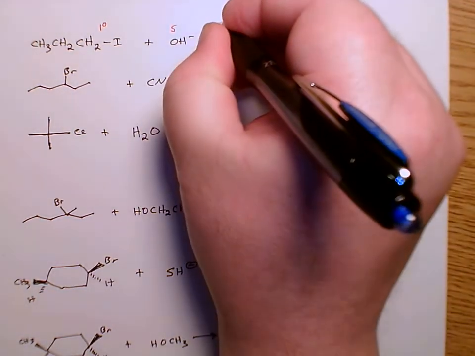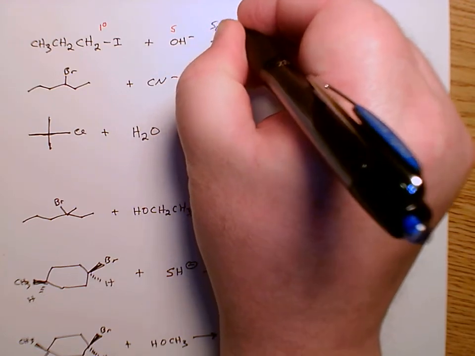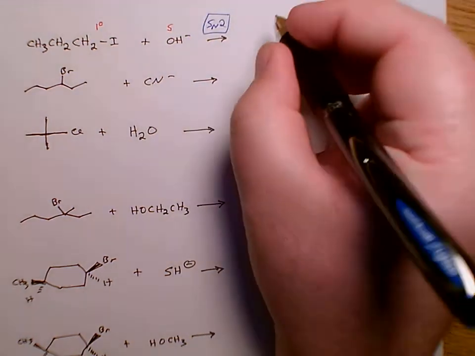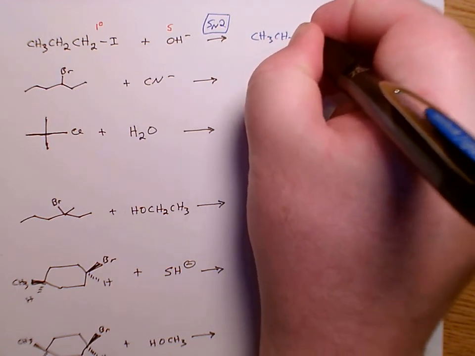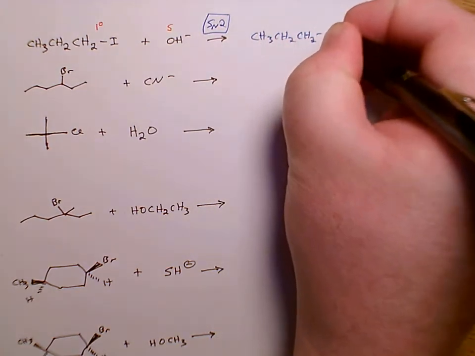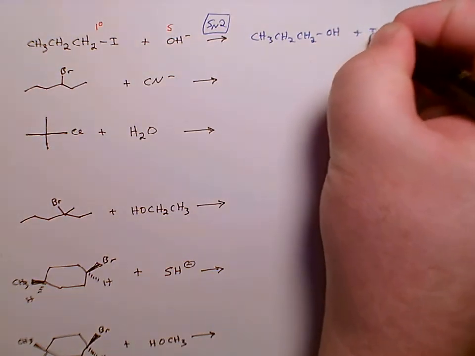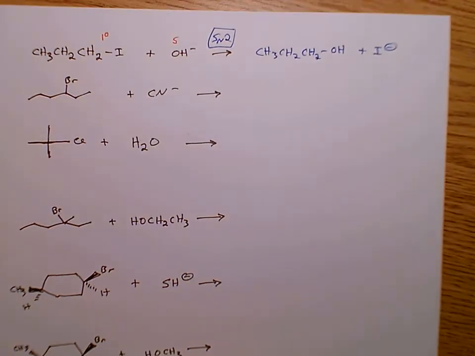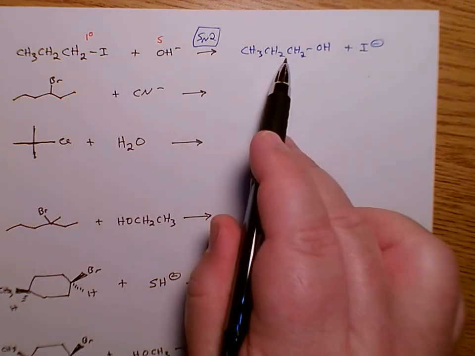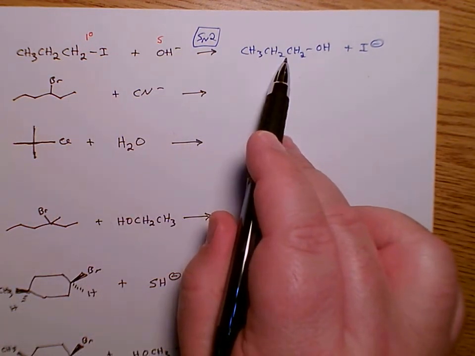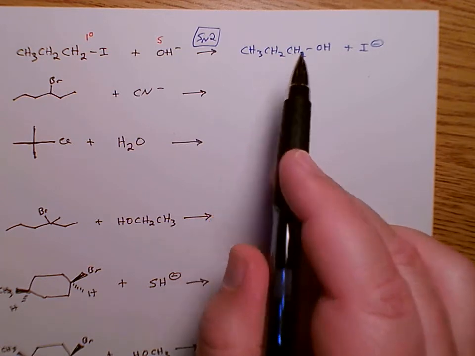And our product is going to be CH3CH2CH2OH plus I minus. And we've got that down, not a problem. Note, this carbon is not chiral, so we do not have to worry about stereoisomers or anything like that.